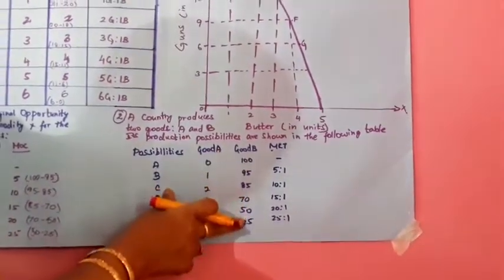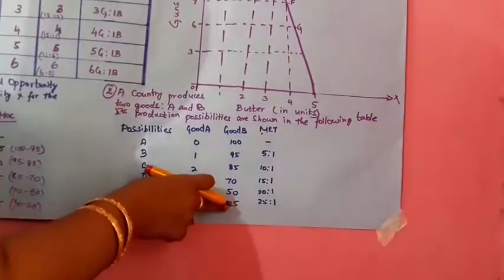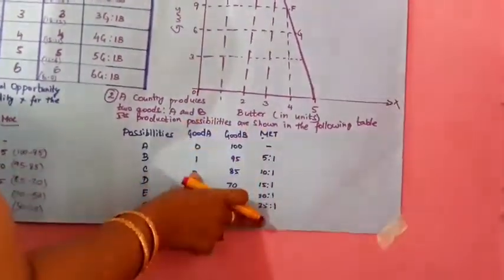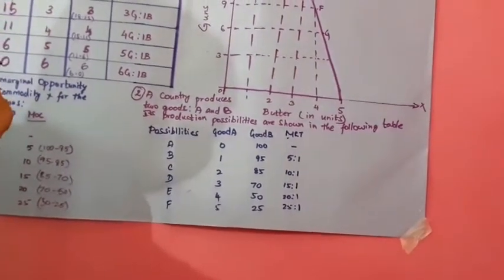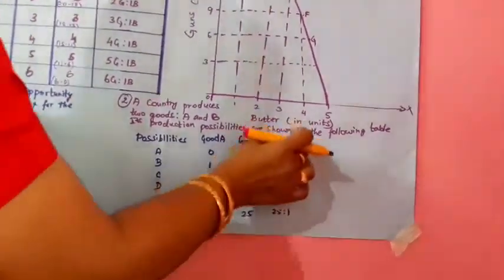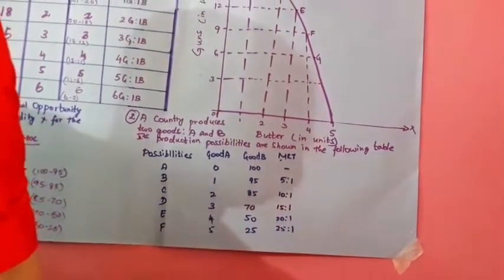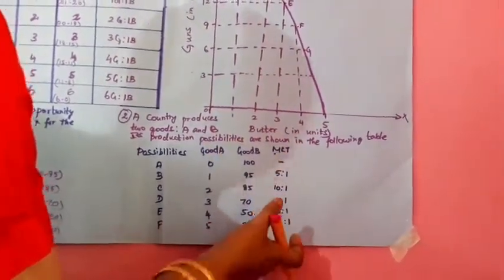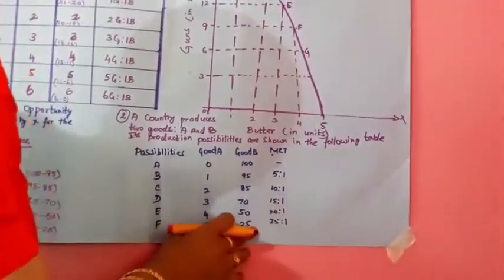Good B is 100, 95, 85, 70, 50, 25. Now we are asked to find the MRT. How are you going to find out the MRT? Before that, you can make a graphical representation of the schedule and understand what it actually is.